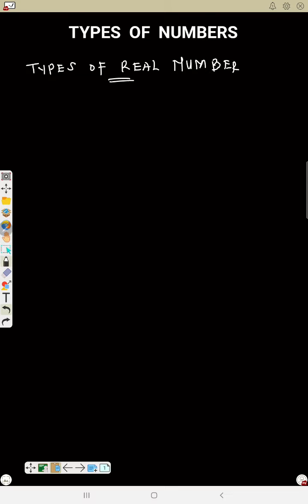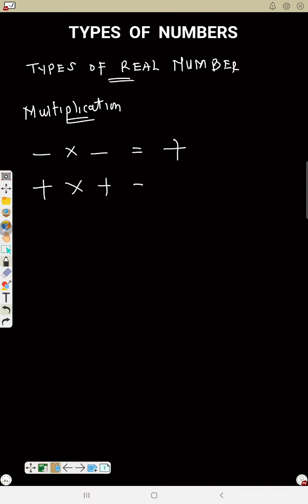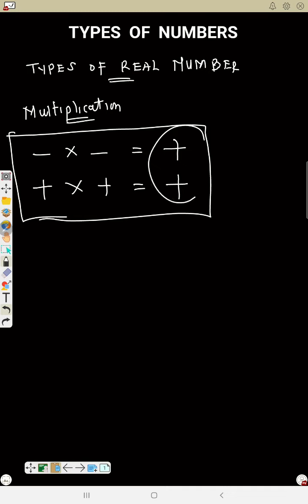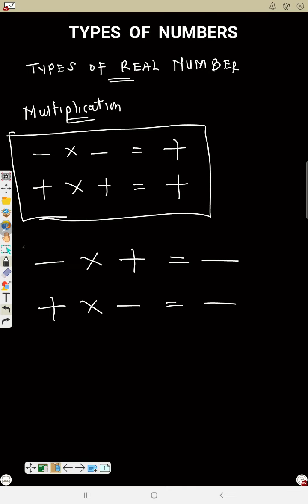Negative times negative will give you plus. Positive times positive will also give us plus. So that means the same sign, if you multiply it together, you get plus. But different signs, minus times plus, will give us minus. Plus times minus will give us minus.